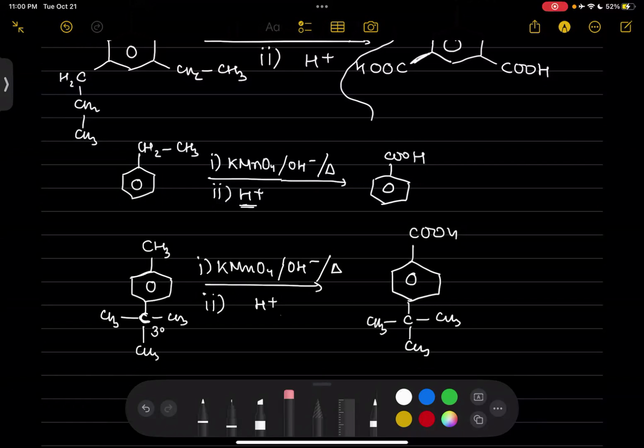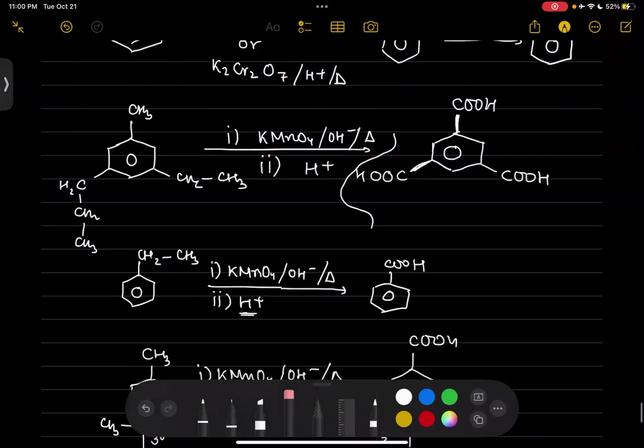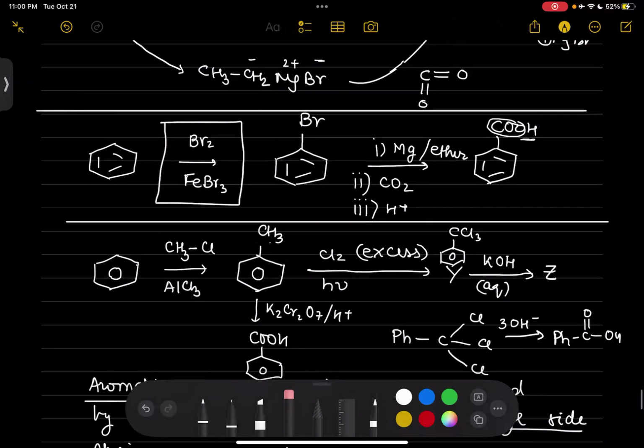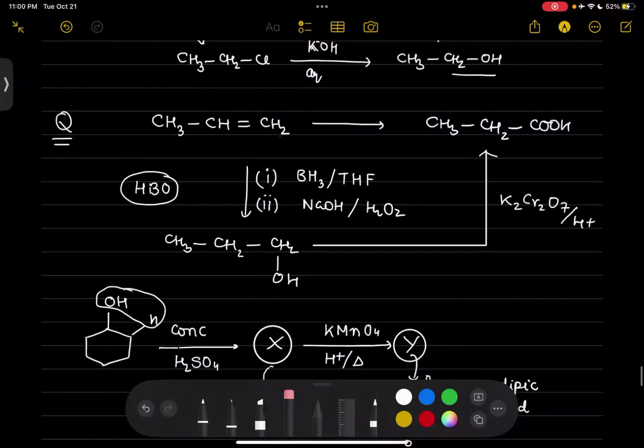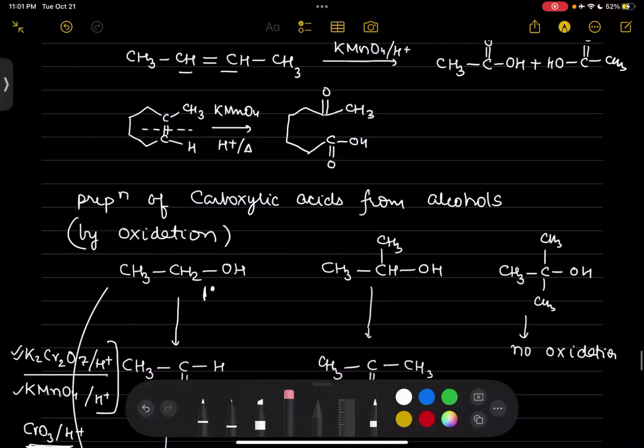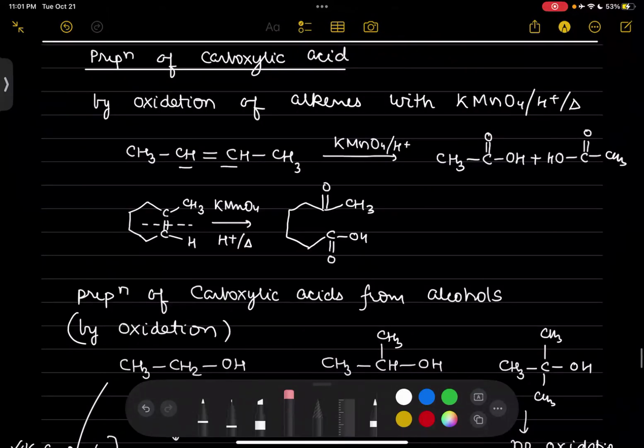So we have seen today how to get carboxylic acids. One is through oxidation of alkenes, but that will break the double bond with acidified potassium permanganate, and that alkene will be cut into two carboxylic acids.